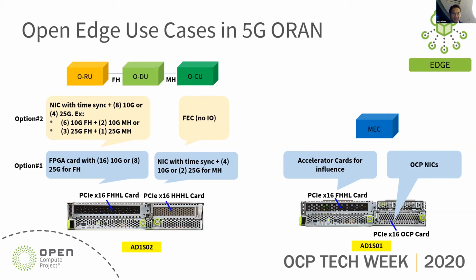So that's an example to show you why I need to have two PCIe options. The FPGA card is a full-height PCIe card. The FEC is a half-height PCIe card. So far, there is still no OCP option. So that's why we propose this config.